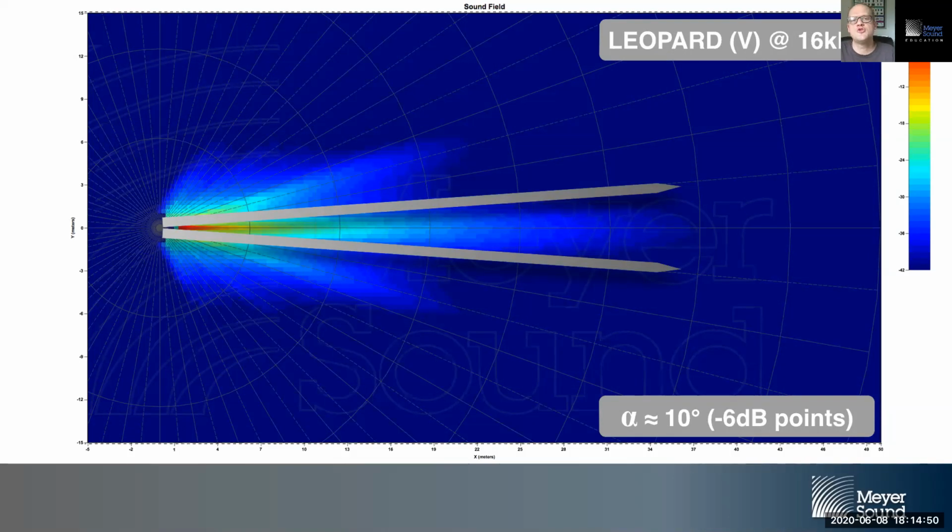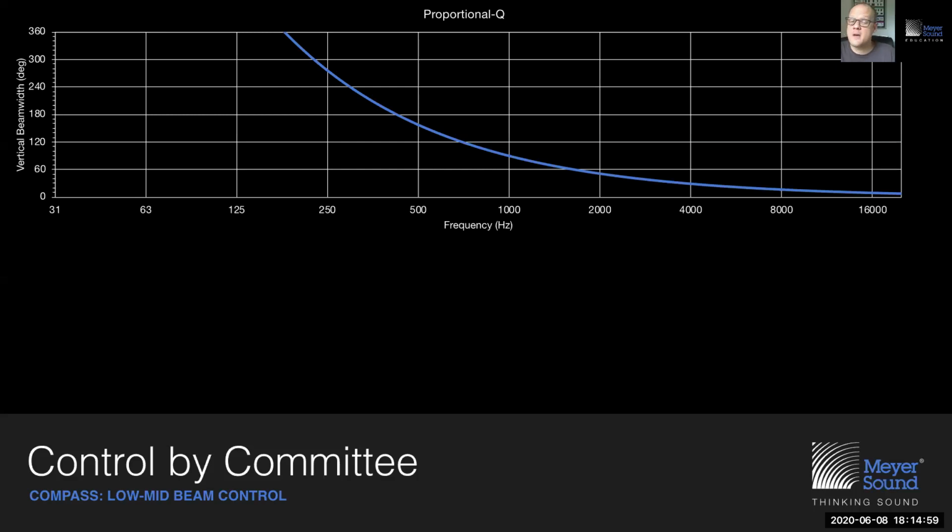So if we were to plot all those coverage angles in a chart against frequency, then we get what is known as a beam width plot. So in the top of the screen over here, you see a beam width plot, frequency running from left to right, and the vertical coverage angle, now referred to as the beam width, shown top to bottom.